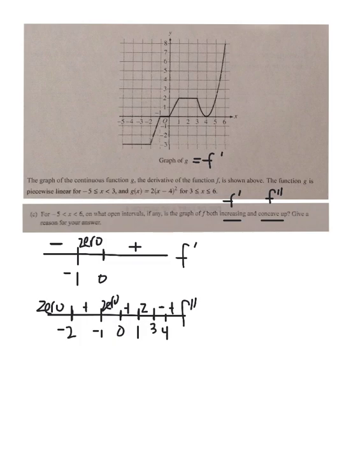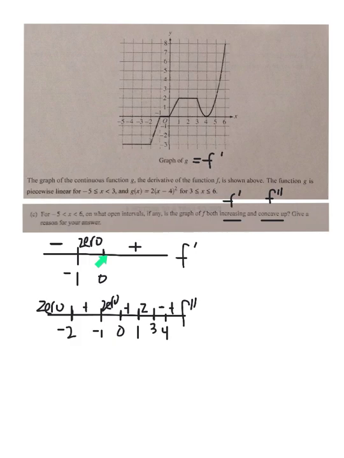Okay? All right, so now let's reread the question. It's saying, on what open intervals from -5 to 6, if any, is the graph increasing and concave up? So we want increasing and concave up at the same exact time. Let's look at the first derivative here. Well, it's increasing any time after 0, right? Because nothing's happening over here that's increasing.